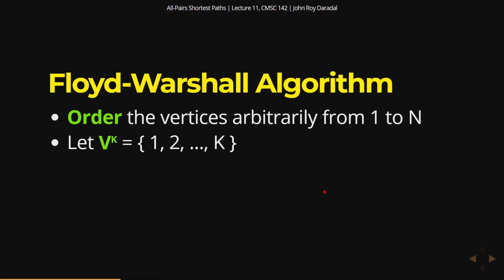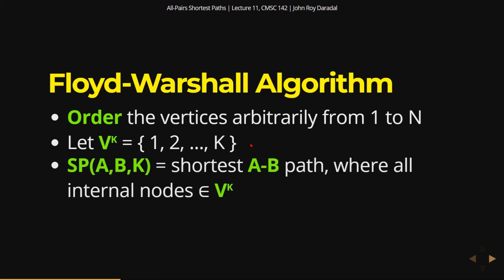Whichever vertices you labeled 1 up to k will be part of this set V^k. Our sub-problem would be denoted by SP(A, B, k). This sub-problem means the shortest path from A to B, where all the internal nodes are part of the set V^k.